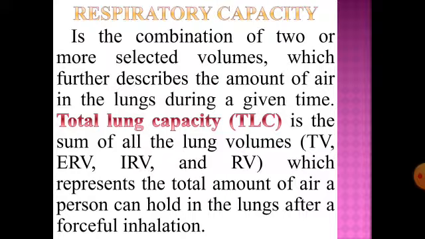Total lung capacity, TLC, is the sum of all lung volumes, TV, ERV, IRV, and RV, which represents the total amount of air a person can hold in the lungs after a forceful inhalation.